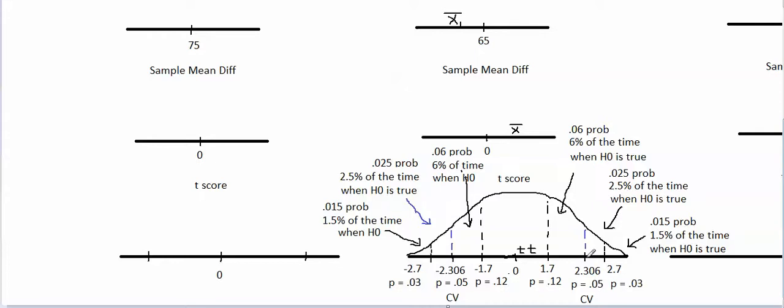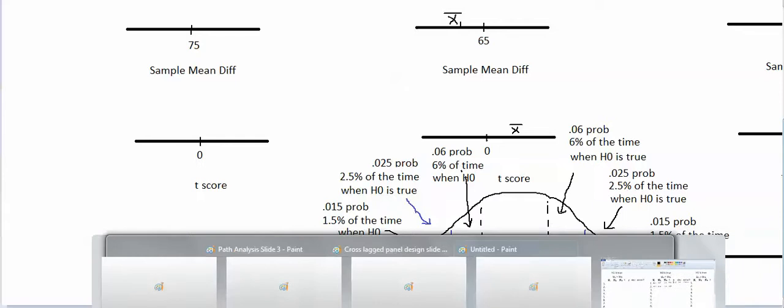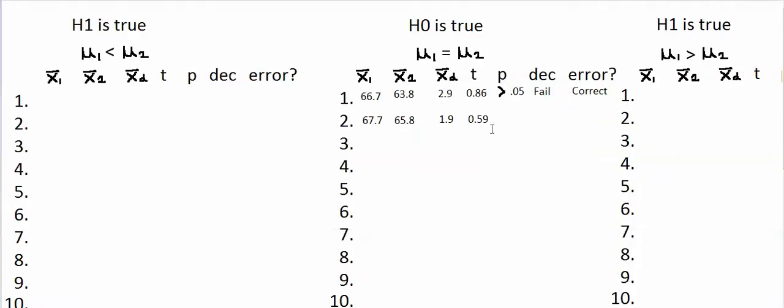At the critical value, it drops to 0.05, and everything past has a p-value under 0.05. So this one has to be above 0.05. You can probably already tell that if the p-value is above 0.05, it means that the critical value was not reached.